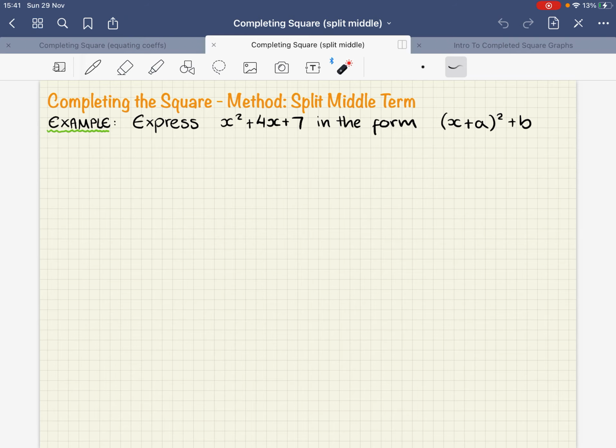This method has massive limitations. For instance, it doesn't cover what to do when there's a number here in front of the x squared. And if I had an odd number here, it's going to make my life a little bit more difficult because then I'll be working with fractions. So if you have any plan on doing higher, stop this video, go to my other one.